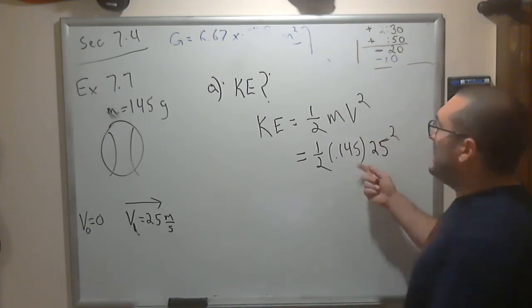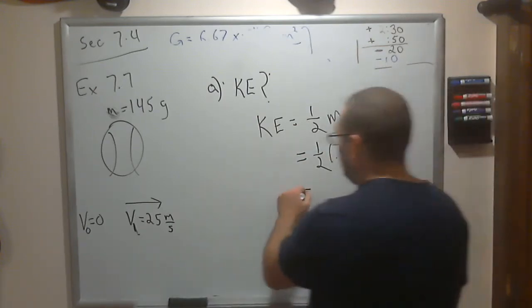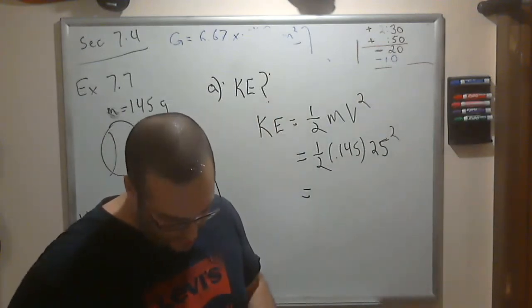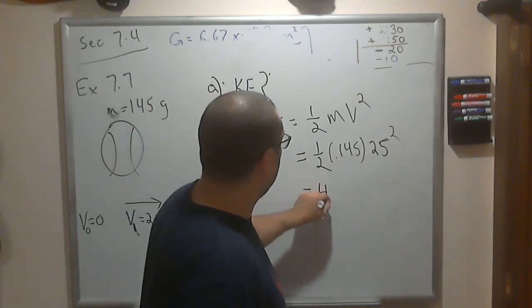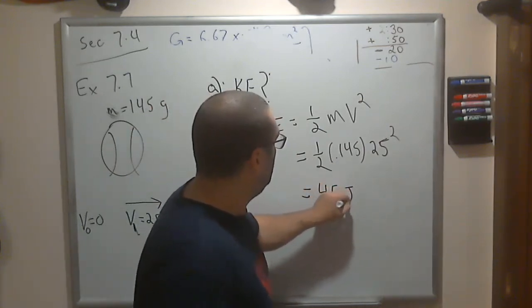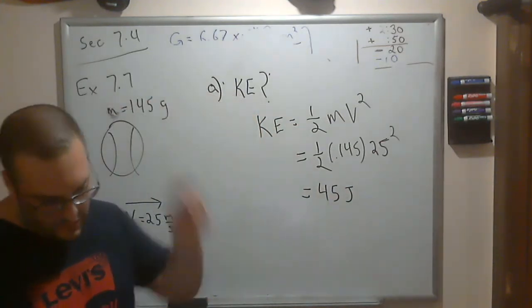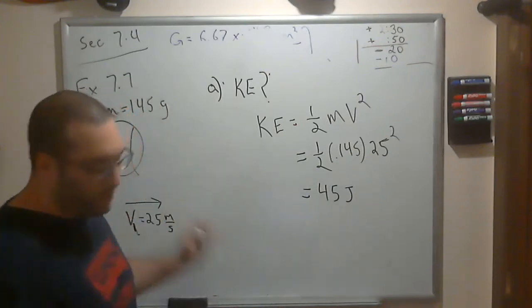And its energy right after we release it is given by this, and this ends up equaling 45 joules. And that's the energy that's associated with the ball.